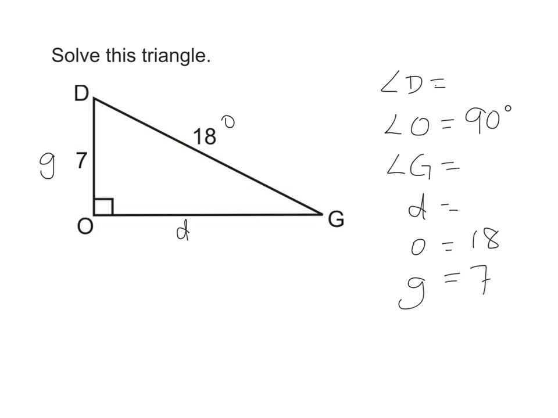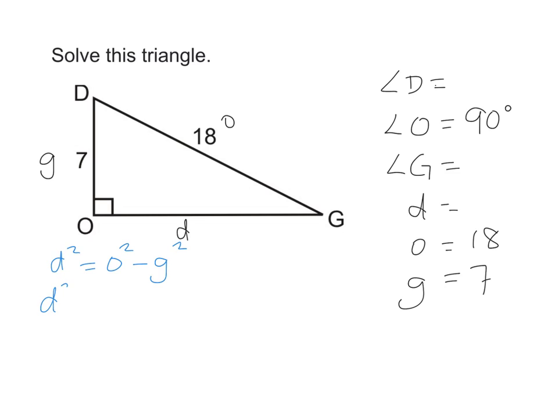If you have two side lengths, you can find the other one using the Pythagorean theorem, which remember is C squared equals A squared plus B squared. But here I'm going to do D squared equals O squared minus G squared. I'm subtracting because I know the hypotenuse. When you are finding the hypotenuse, you add, but if you don't know the hypotenuse, then you subtract.